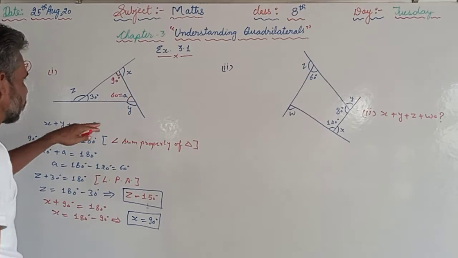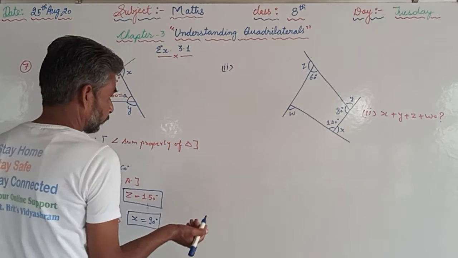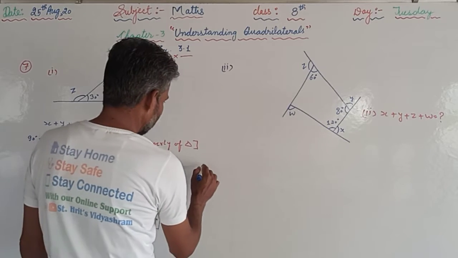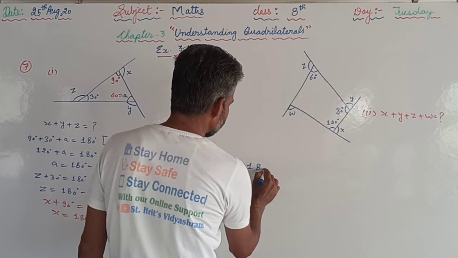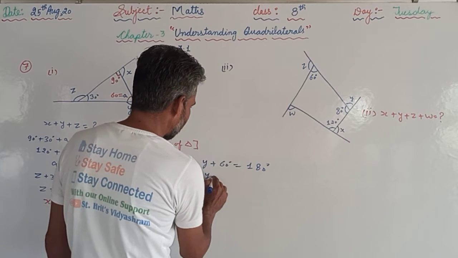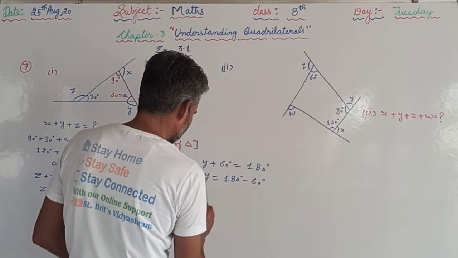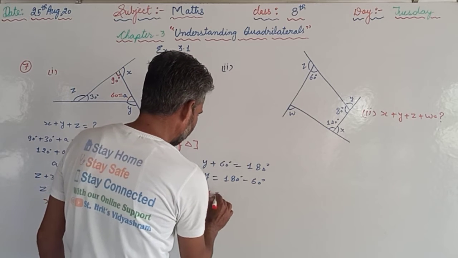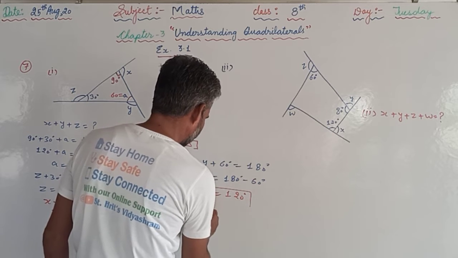So afterwards we are supposed to find out Y as well. So for Y what we have to do? Y plus 60 degree is equals to 180 degree. Why? Because these are the linear pair angles. So Y is equals to 180 degree minus 60 degree. So Y will be equals to 120 degrees.